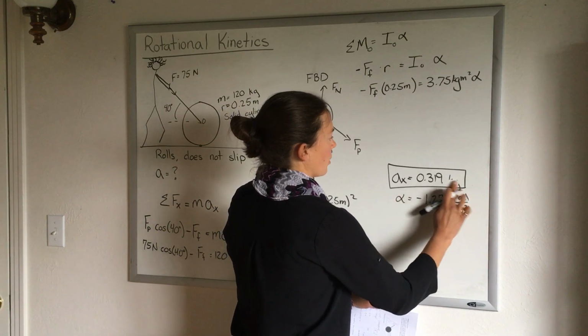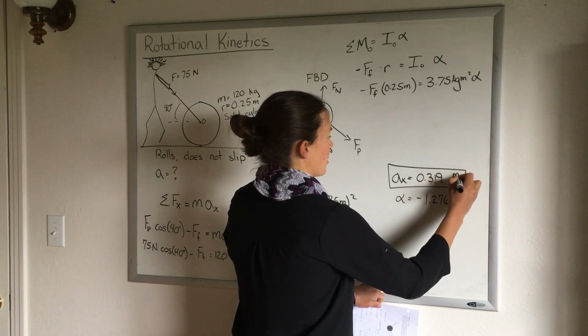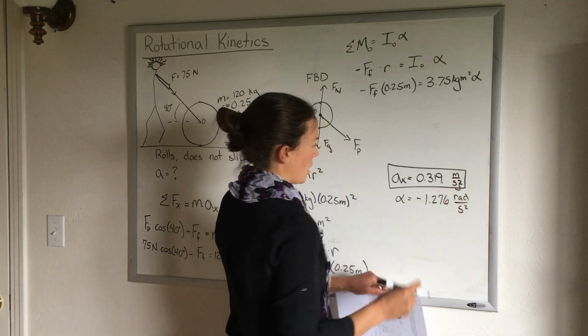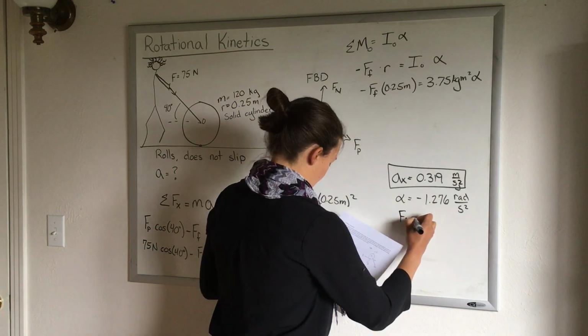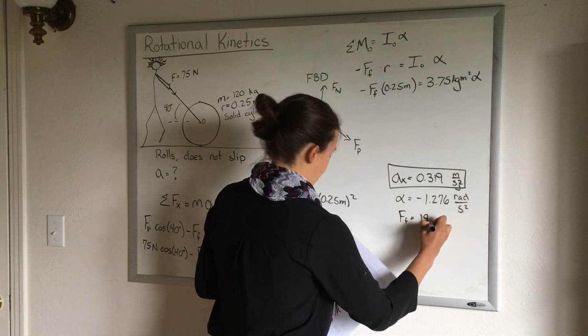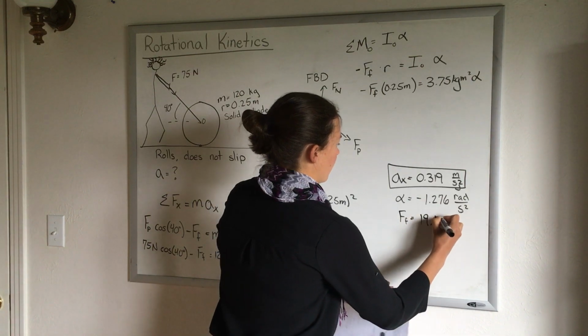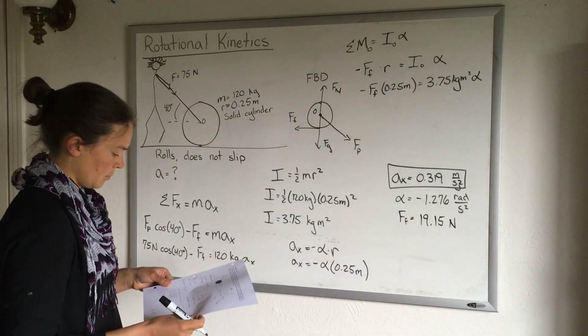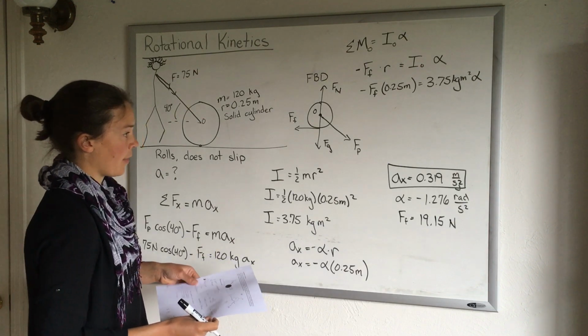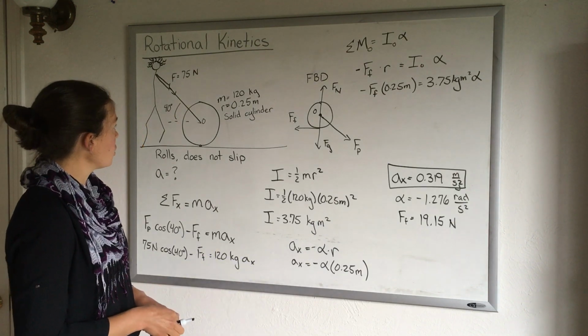Wow, I don't know why I said kilograms. This is meters per second squared. So, meters per second squared. And our force of friction in this case is 19.15 newtons. And that is our acceleration.